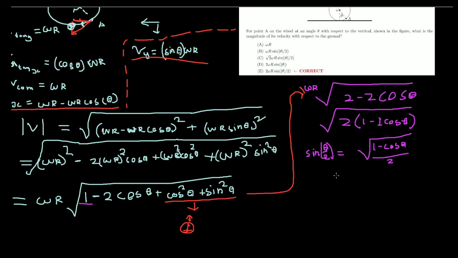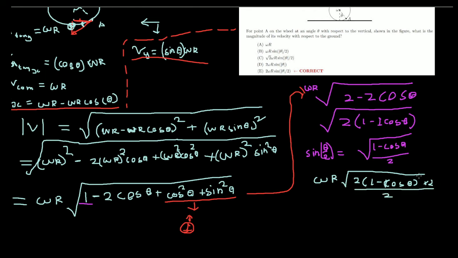So we're going to have omega R times 2 times 1 minus cos theta, times 2 and divided by 2.